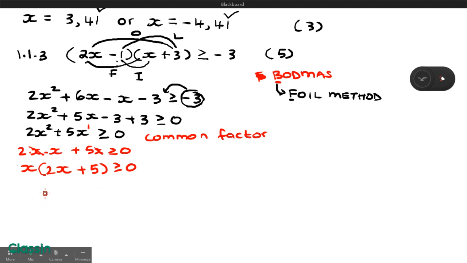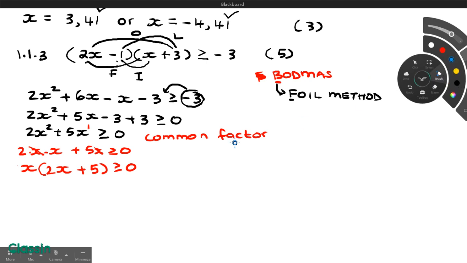Now, when we solve, we are going to check x is greater or equal to 0, because x is outside the bracket. Because x already is outside the bracket, we can simply say x is greater or equal to 0. This is our first solution. But if you check inside the bracket, we have 2x plus 5.